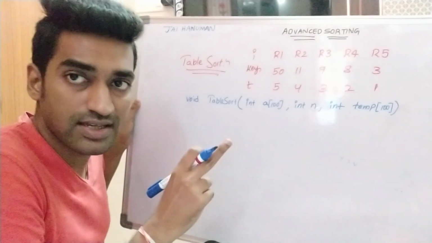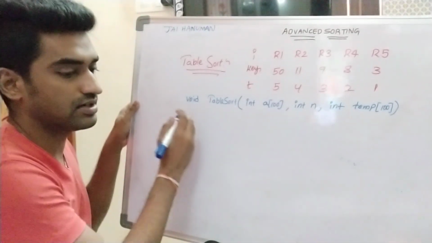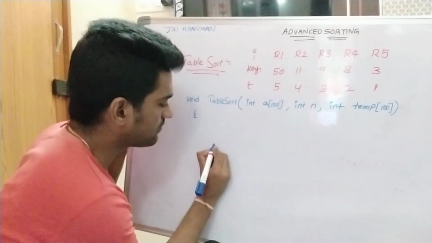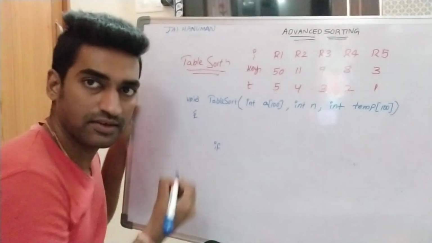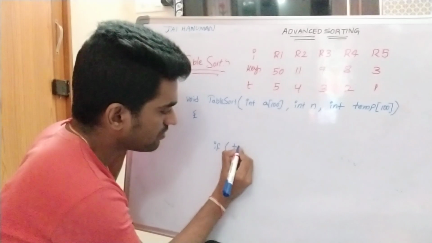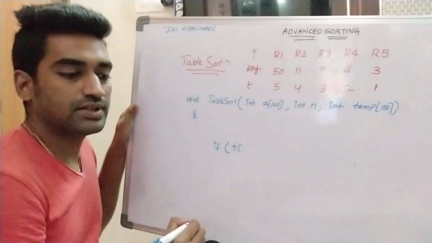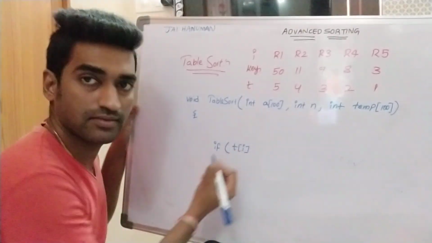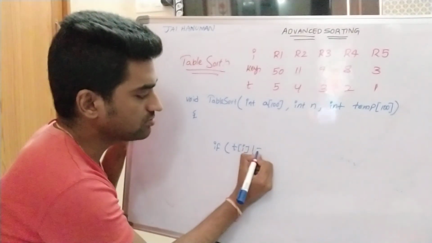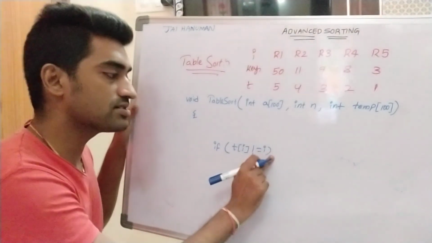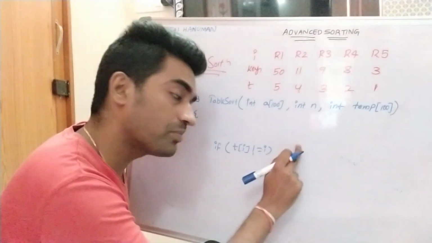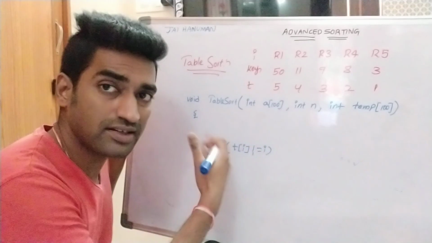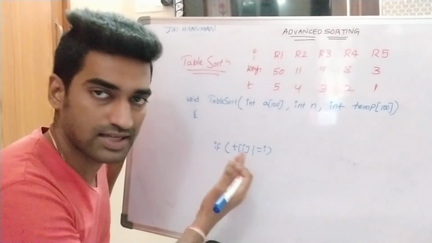In non-trivial cycles, we are checking one condition. What is that condition? If T of I not equal to I, this condition becomes true and we apply some procedure. That procedure is nothing but to form non-trivial cycles, right?